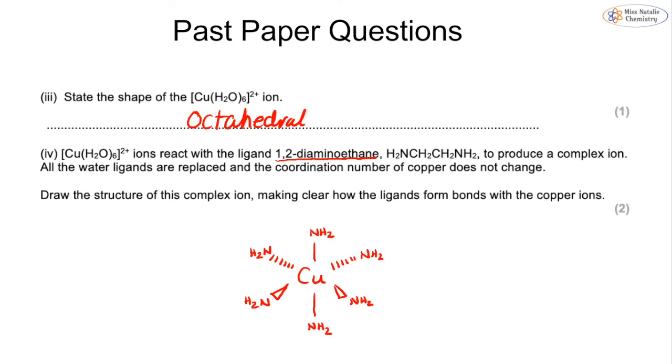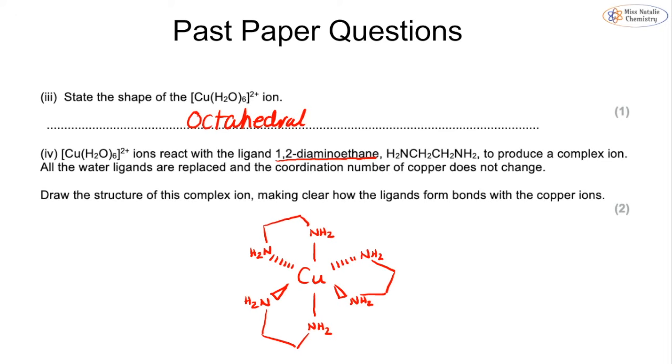And then once you have that, it's just a case of combining them together. So then you're going to have a structure like that, and you can draw skeletal structures. That's absolutely fine. Or you can draw it out as the actual CH2s, and this would then join there, and then join there.